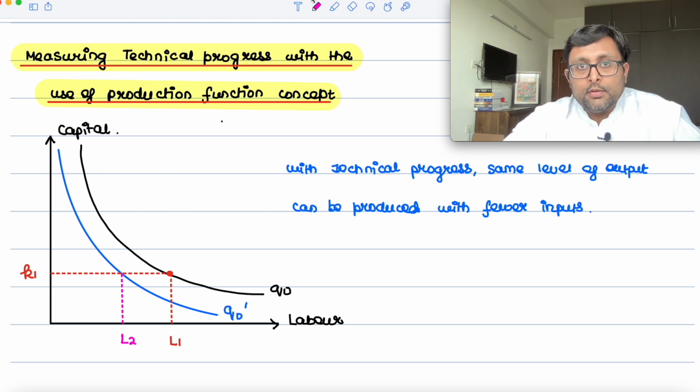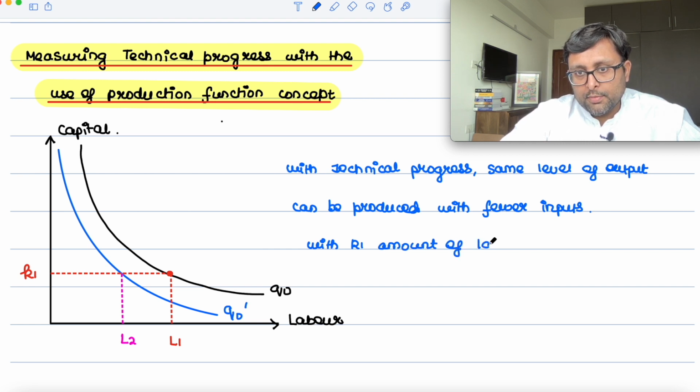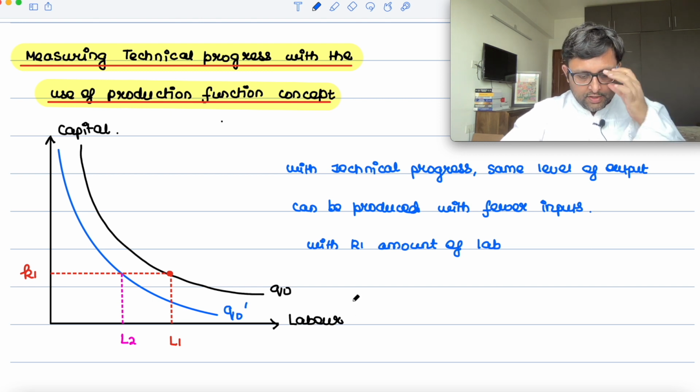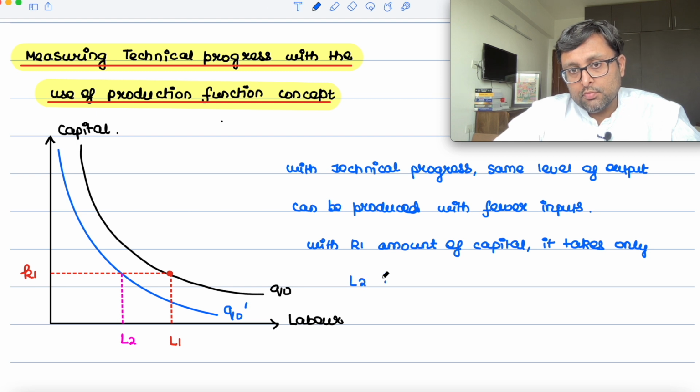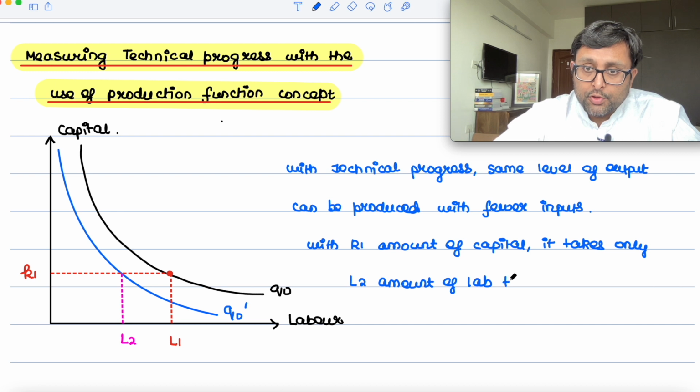So with K1 amount of capital, it takes only L2 amount of labor to produce Q naught.